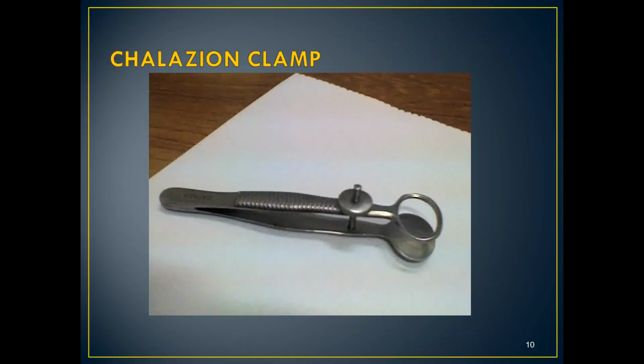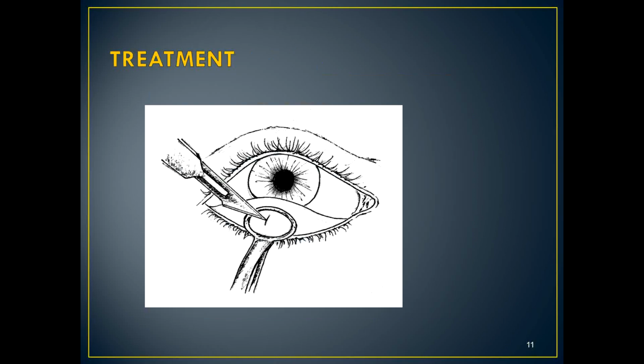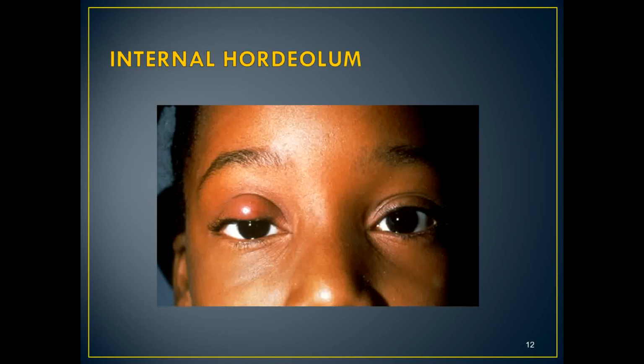This is the chalazion clamp. If the patient is suffering from chalazion, then you apply this clamp on the affected area, and with the help of a number 11 blade, you give a vertical incision and drain the material inside the meibomian gland duct.